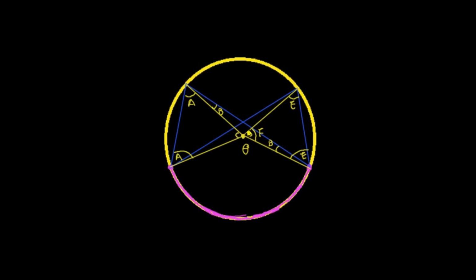Okay, now let's look at this triangle here. Again, this and this both are the radius of the circle, so that means they should have equal length. That means the angle here and the angle here should be equal. So let's call these two angle G. That's angle G and that's angle G. And how about this angle here?